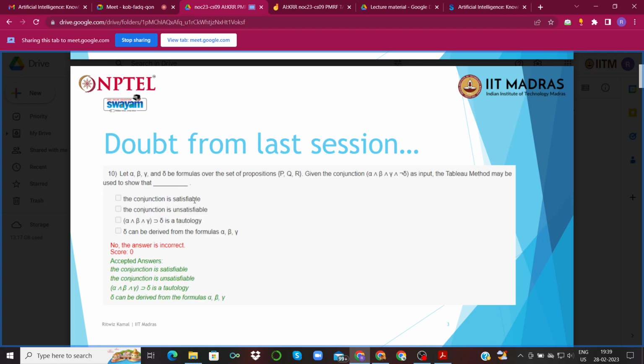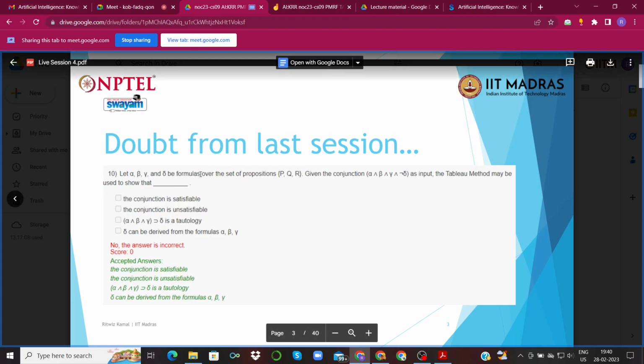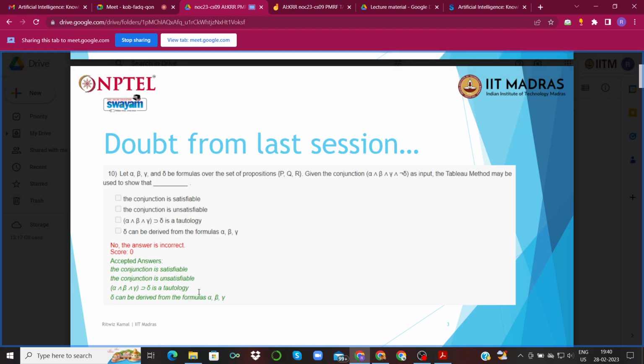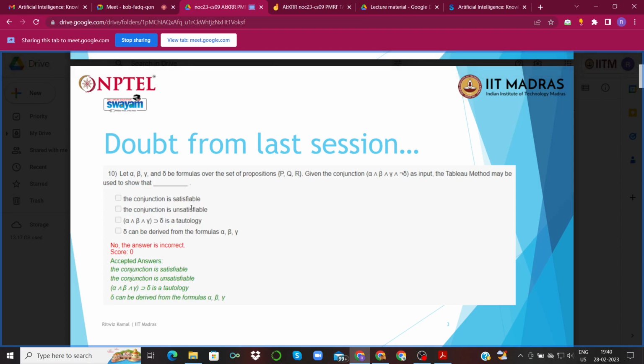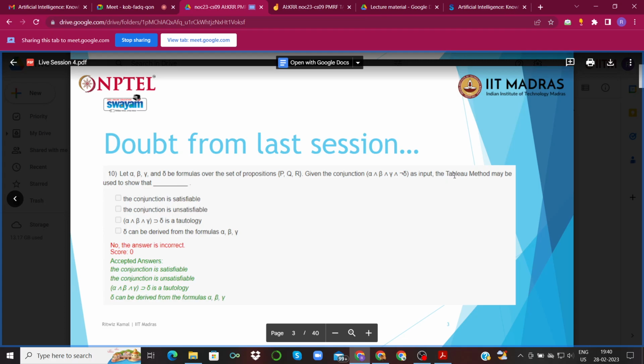And I revisited the questions and the options later on, and I found out that while the premise was the same for both the questions, the one in this assignment and the one that we had discussed, the options and what was asked was different. Hence the different correct options in the two questions. Okay. So here basically the conjunction is satisfiable or unsatisfiable, that we can use the tabular method to show.